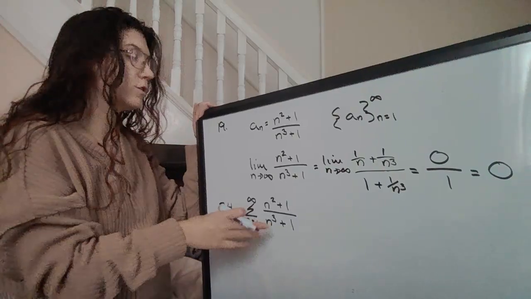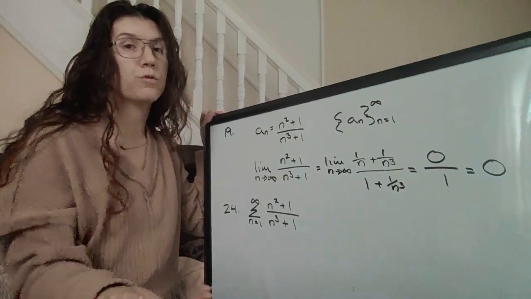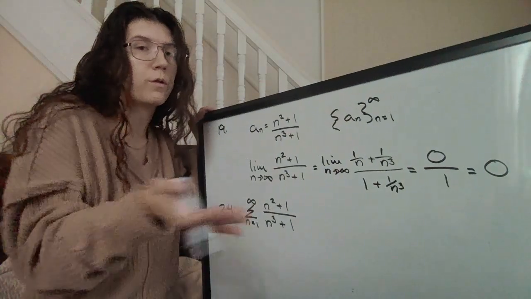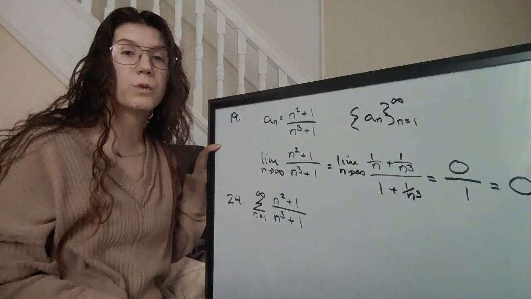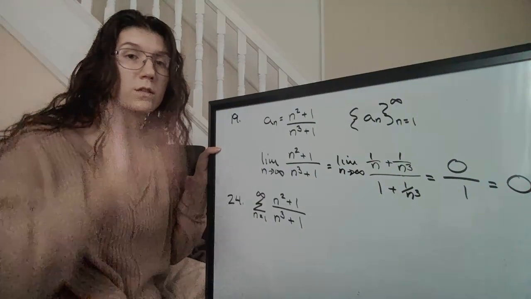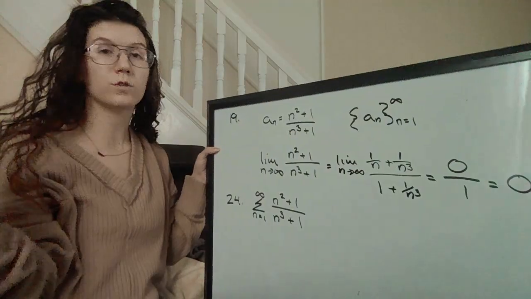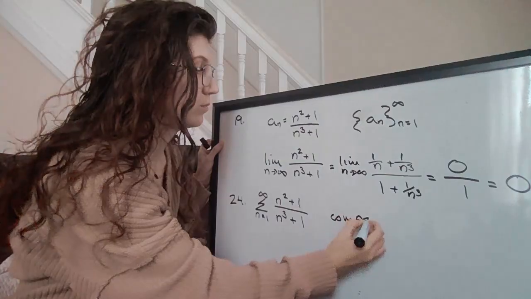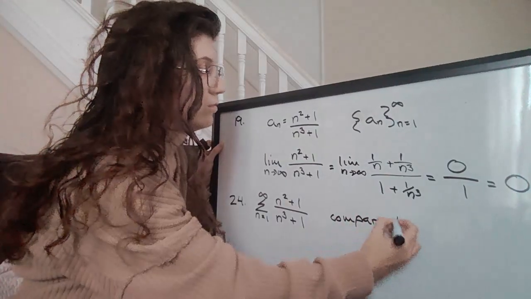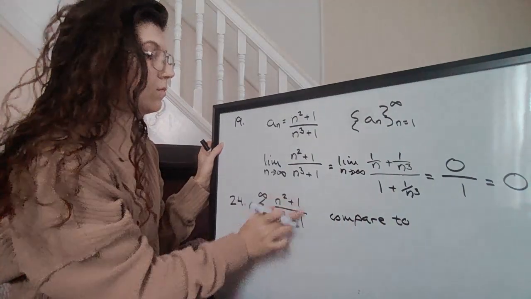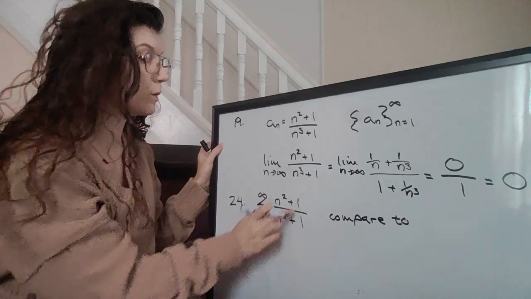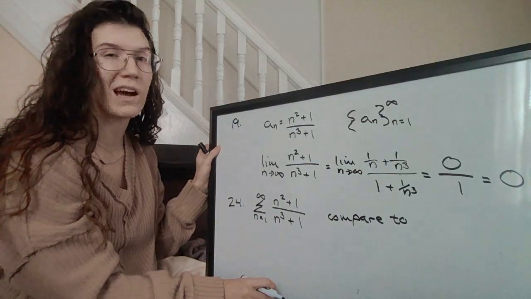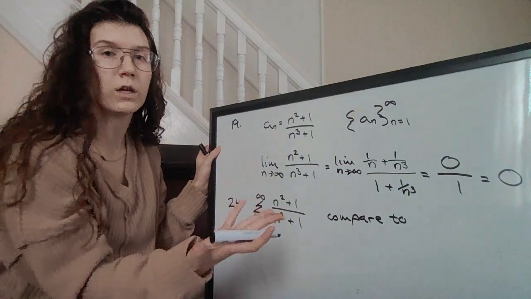But here we need to do another test to prove that this converges. We know it most likely may converge, but we don't know that for sure. So I think a comparison test would be our best one because we can compare this to p-series. Whenever we compare to something, we normally just drop our ones or whatever numbers we have floating around, because they are inconsequential when we plug in infinity.